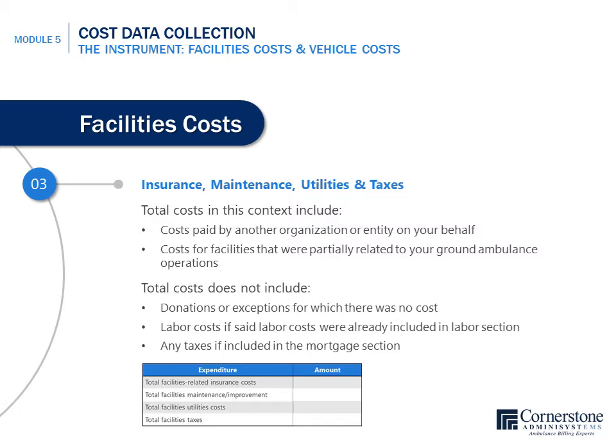To break this down a bit more, total costs in this context includes costs paid by another organization or entity on your behalf. Total costs also includes costs for facilities that were partially related to your ground ambulance operations. Total costs does not include donations or exceptions for which there was no cost.